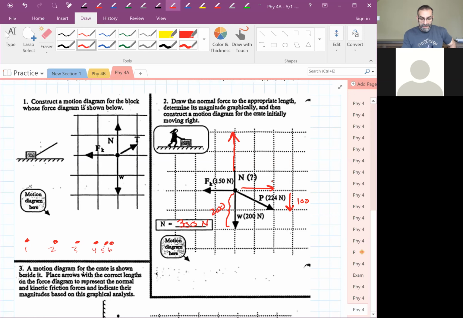Once we break P up into its components, then we can compare vertical forces and horizontal forces. So this object is accelerating to the right because the force to the right is 200 newtons, but the force to the left is only 150. So it's going to speed up a little. I'll start out a little slower.